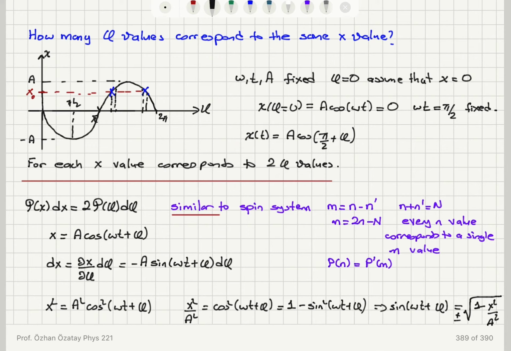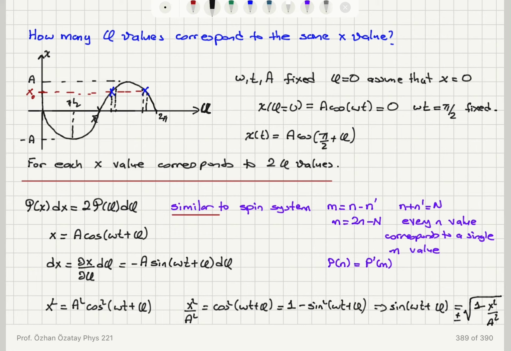And from pi over 2, for positive phase angles, if I go above 0 and approach pi, I'm basically in the negative range for the cosine. So if you plot x as a function of phi here, I would have this type of oscillation for phi values between 0 and 2 pi, starting from negative values, from minus a to plus a, and going back to 0 at phi equal to 2 pi.